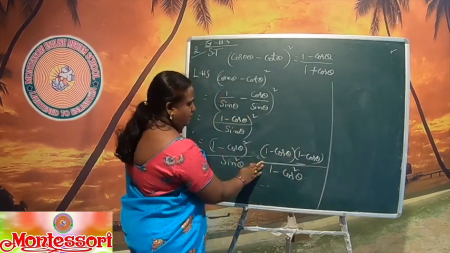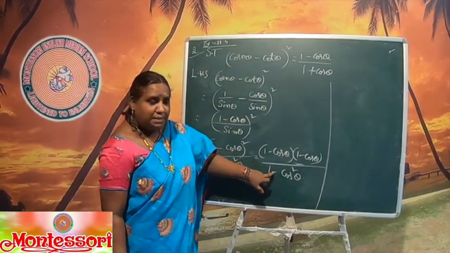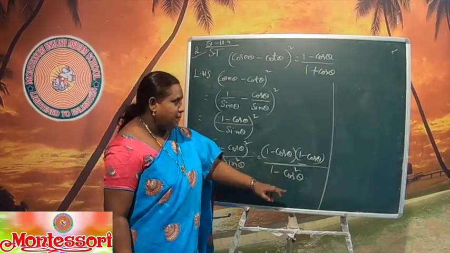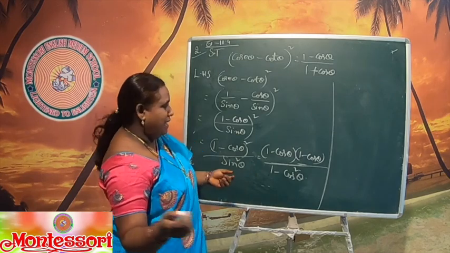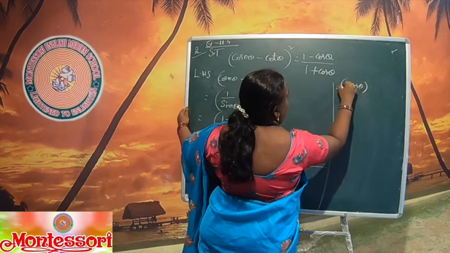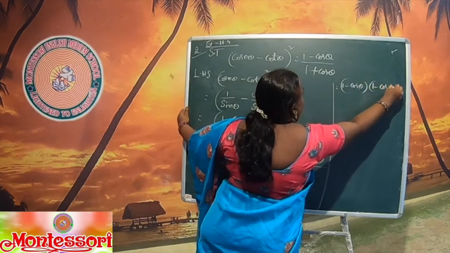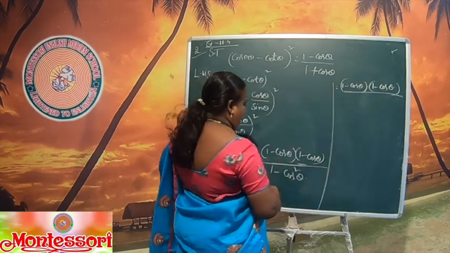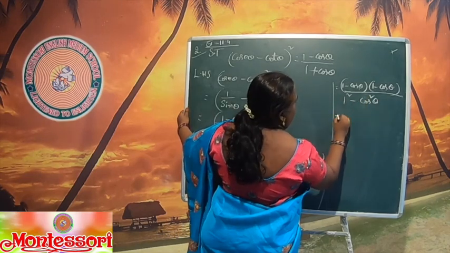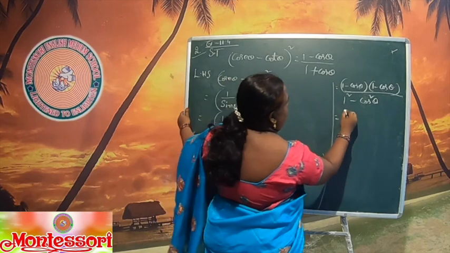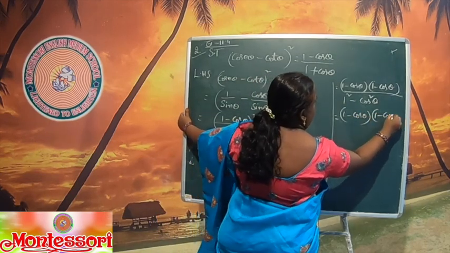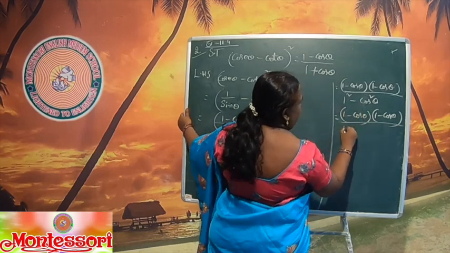And now see, children, this is a square minus b square. I write 1 as 1 square and this as cos square theta, so a square minus b square is (a plus b) into (a minus b). Numerator is (1 minus cos theta) into (1 minus cos theta), and the denominator is 1 square minus cos square theta, which is (1 plus cos theta) into (1 minus cos theta).